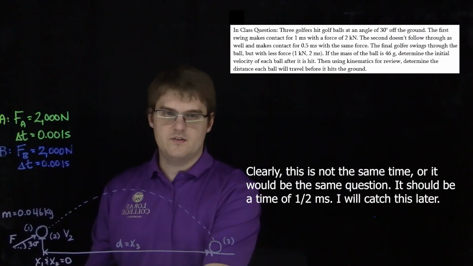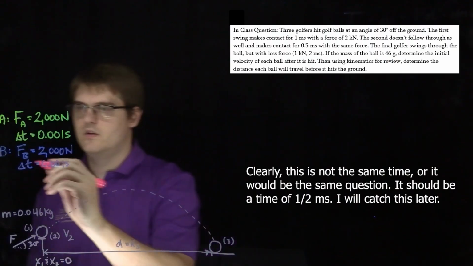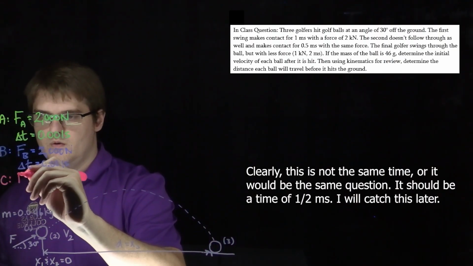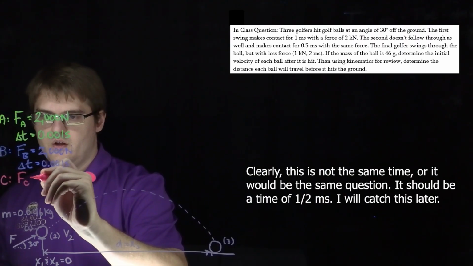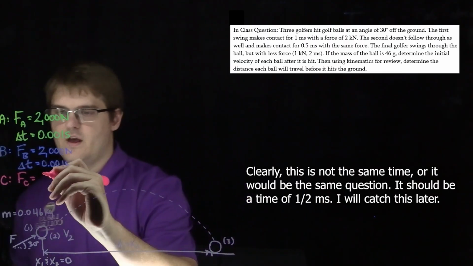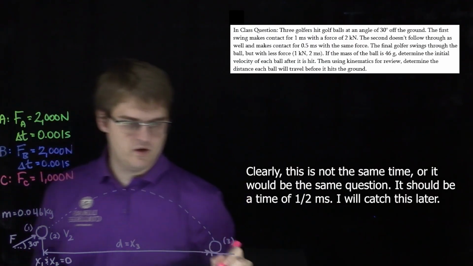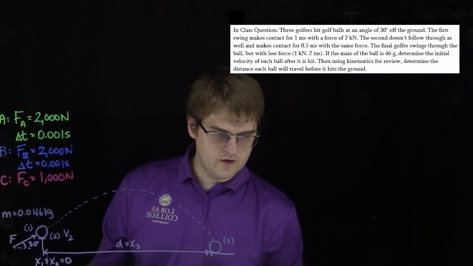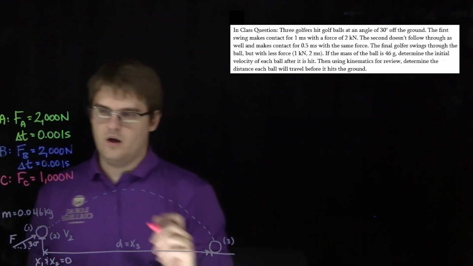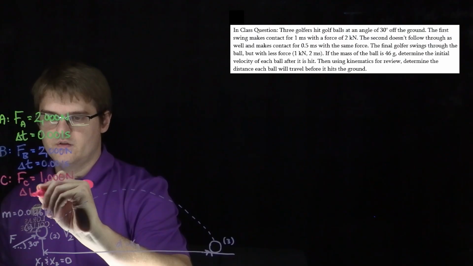And then the last piece that I have is golfer C, which when I set it up, has a force of 1,000 newtons, and only has contact on the ball for a total of 1 millisecond again.